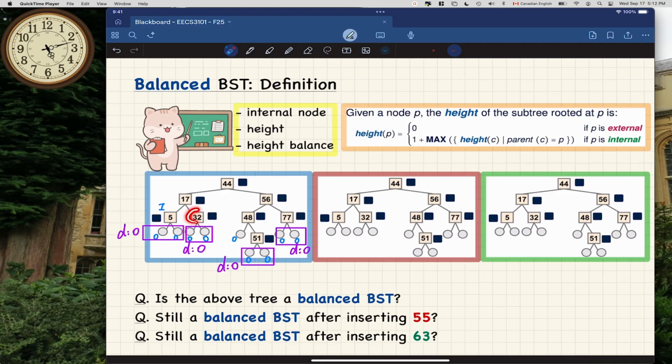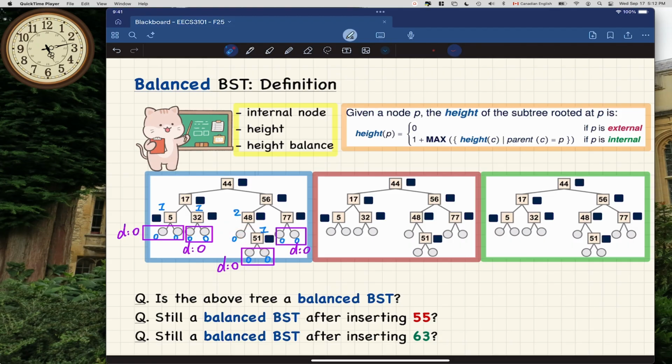Maximum height of its children, 0 and 0, maximum 0 plus 1 is 1. And this one here, 0, 0, maximum 0 plus 1, we get 1. What about the height for this one here? 2, because the children are 0 and 1, the maximum is 1, and then plus 1, you get 2.